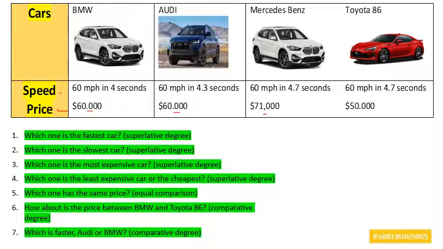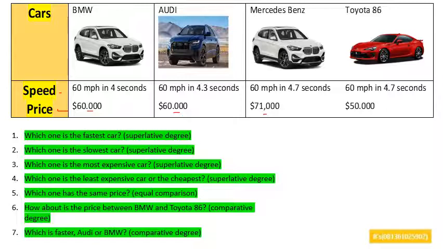Someone is asking you, which one is the fastest car? To show the superiority degree, because it is one of four. You take one, many cars here, just take one, more than three. Which one is the slowest car? Also about the superiority degree.